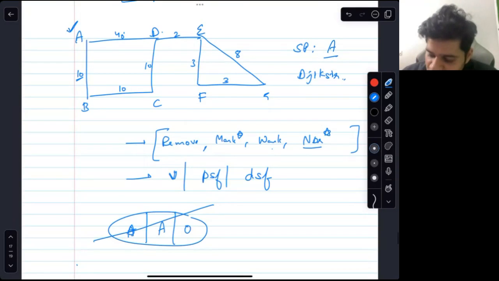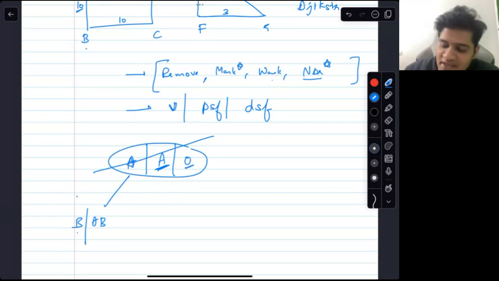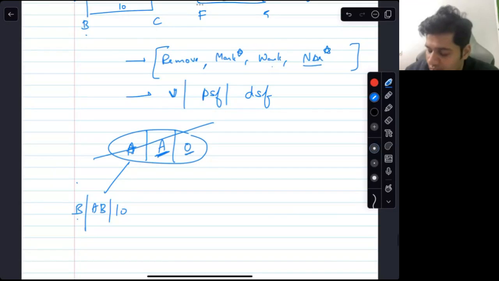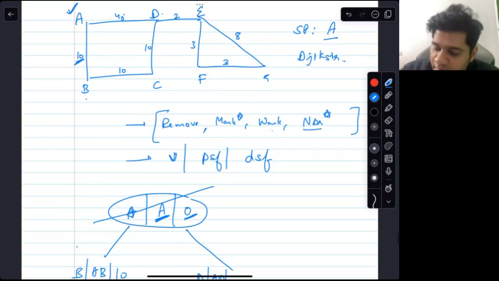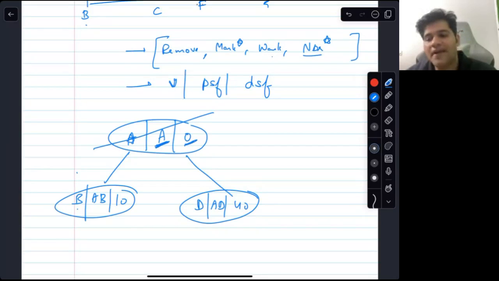Neighbors of A, that is B and D, add them. So adding B. The vertex is B. The path so far is AB. Old path plus the name. 0 plus this distance, 10. The other neighbor is D. Path so far is AD and 0 plus 40 is the distance so far. I hope it is clear so far.